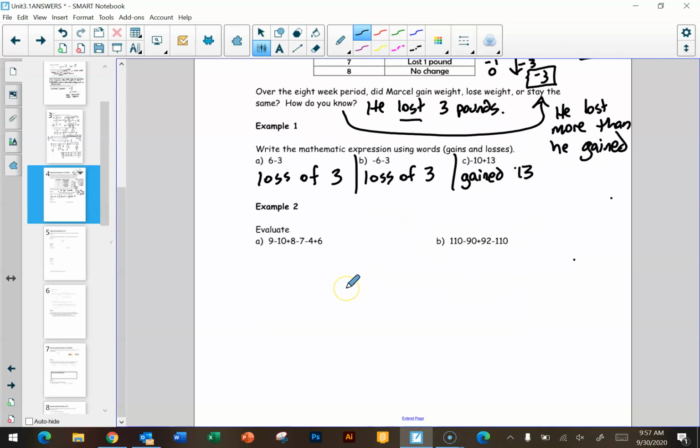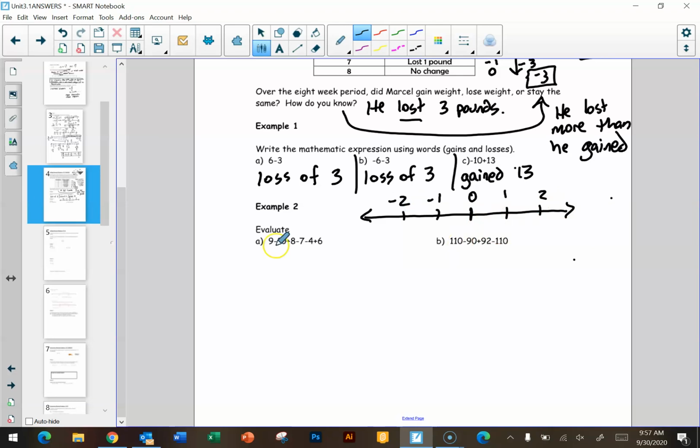So I find that handy to think about when I'm solving these problems: am I gaining or am I losing? And more importantly, looking at the number line, which way am I going when I complete these steps? Am I going toward the positive? Am I going toward the negative? And which way am I stepping from each number?